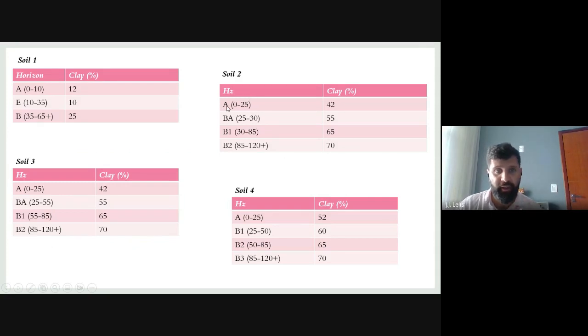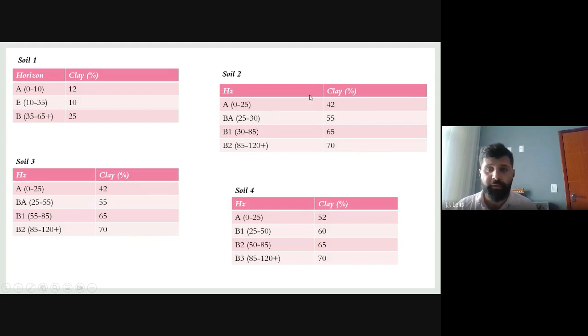In this case, we have an A horizon between the surface and 25 centimeters, so it presents 25 centimeters of thickness. The BA horizon is between 25 and 30 centimeters, just 5 centimeters of thickness. This B1 is between 30 and 85 centimeters of depth, so it presents 55 centimeters of thickness, and the B2 starts at 85 centimeters and below.